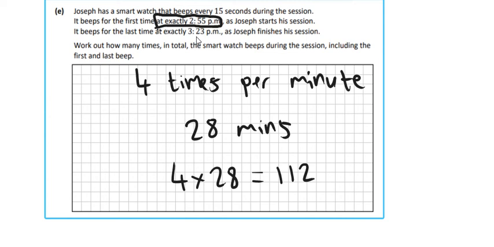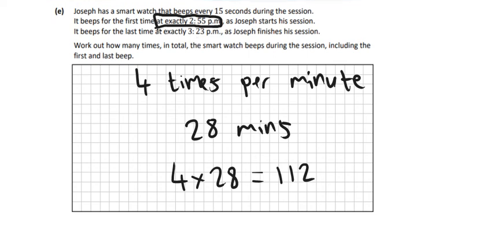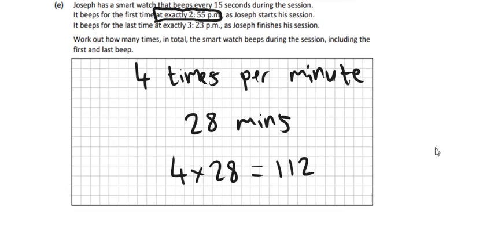Then the next one is 2:55 and 30, and the next is 2:55 and 45 seconds. Then the next one after that will be 2:56, and the next is 2:56 and 15 seconds. So we haven't allowed for that first beep. We have allowed for the last one, because the fourth one each time is on the minute. So we just have to add one here. So 113 is going to be our answer.